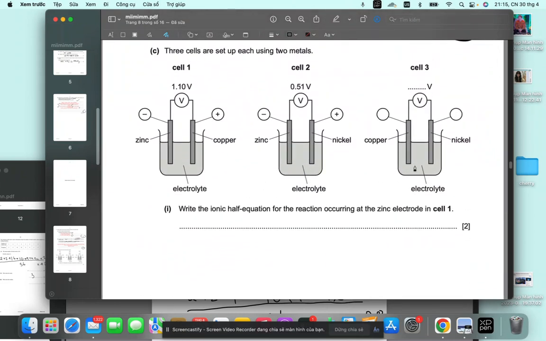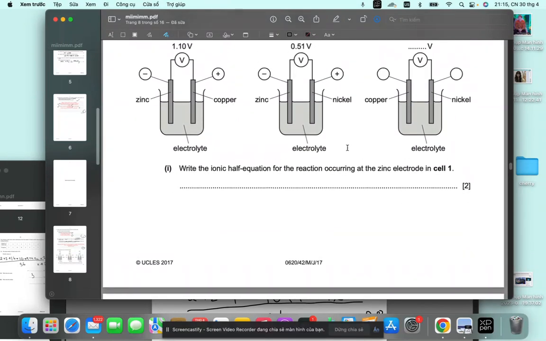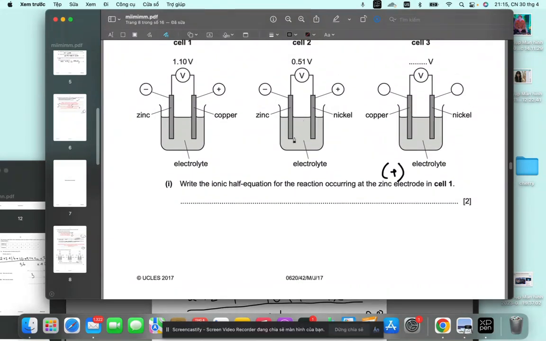Three cells are set up using two metals. The half equation occurs at zinc. We know zinc is positive, so it goes to the negative side. Electrolyte in cell number 1.